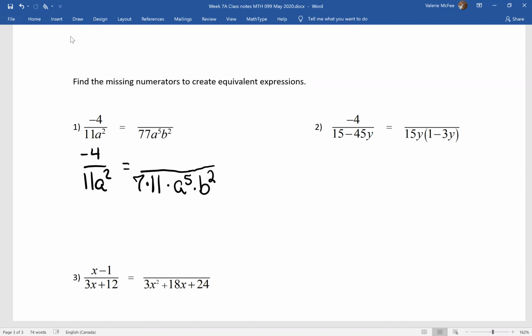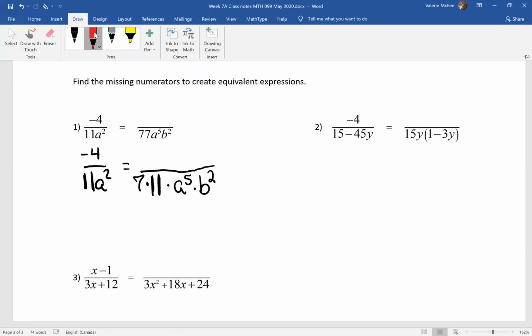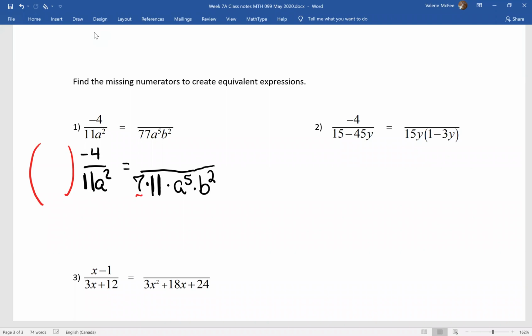Well, the 11 is already here, and the a squared is here, but not a to the power of 5. What's missing? Well, I'm certainly missing the factor of 7. I'm also missing a to the power of 3. When I multiply those, it's going to give me a to the power of 5.